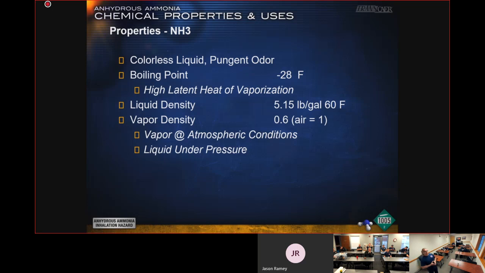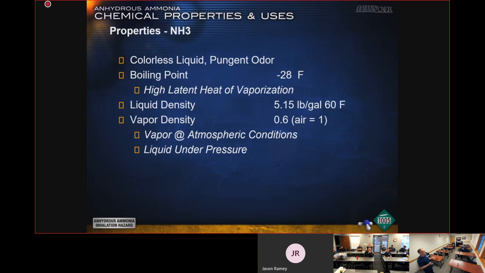Right, it is going to go to the nearest source of moisture. So this could travel uphill, it can travel downhill, it can travel laterally. It's going to be affected by humidity, wind, barometric pressure, all those things. But it is also going to go very quickly towards any source of moisture.